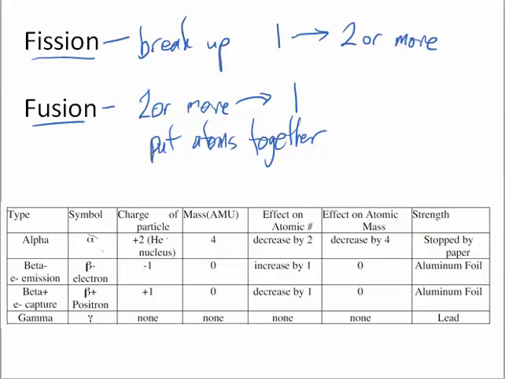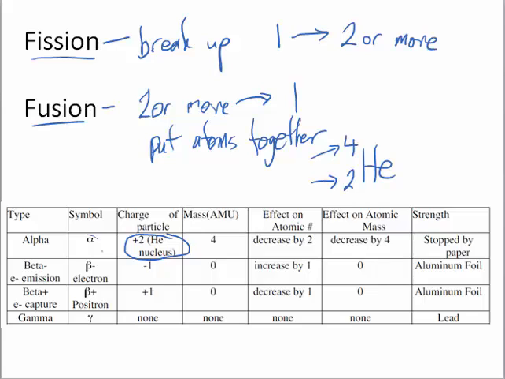You notice that they have a +2 charge, which means that they have two protons. And so that's a helium atom, and it has a mass of 4. So you can also represent it this way, right? Atomic number of 2, protons 2, and a mass of 4, protons plus neutrons, is 4. So there's 2 neutrons.